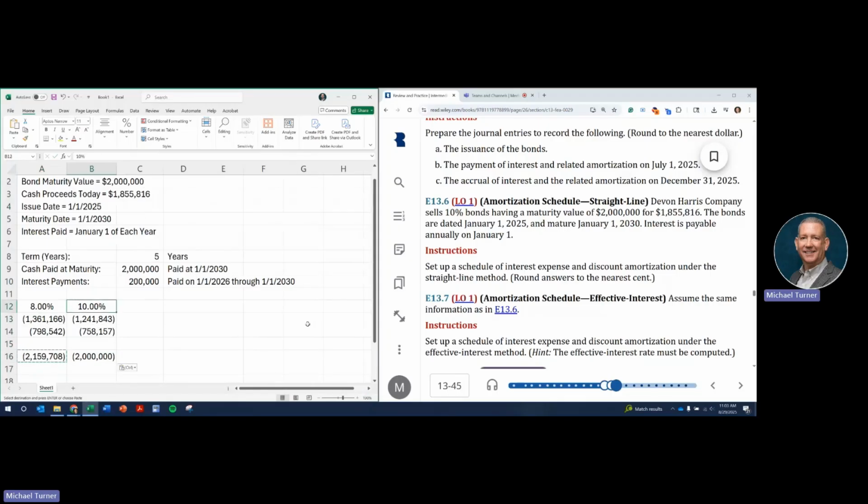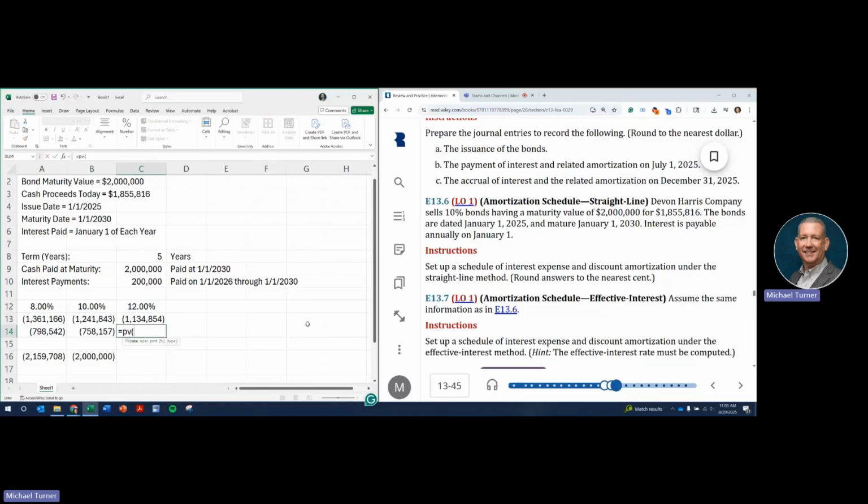So let's continue. Let's try 12% and see what happens. The present value at 12% over 5 years of the future value of $2 million would be $1,134,854.